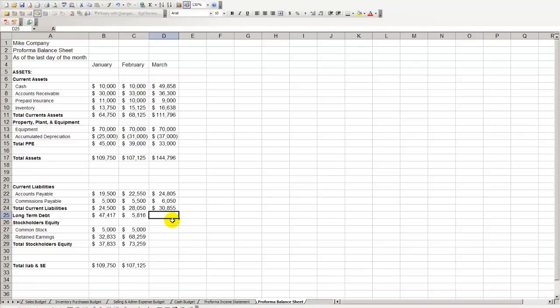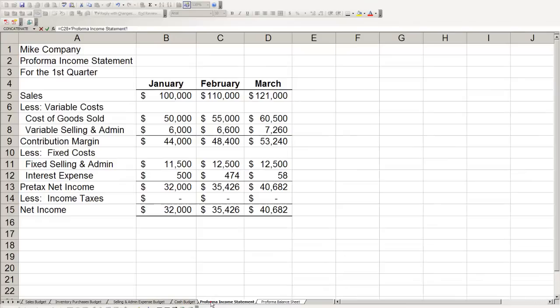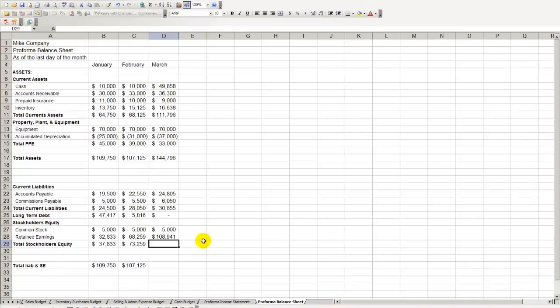Current liabilities, my balance of long-term debt at the end of March, which we already calculated, is 0. Common stock, it hasn't changed any. Retained earnings is equal to your beginning balance plus your net income from your income statement minus any dividends, which is 0 in this problem.